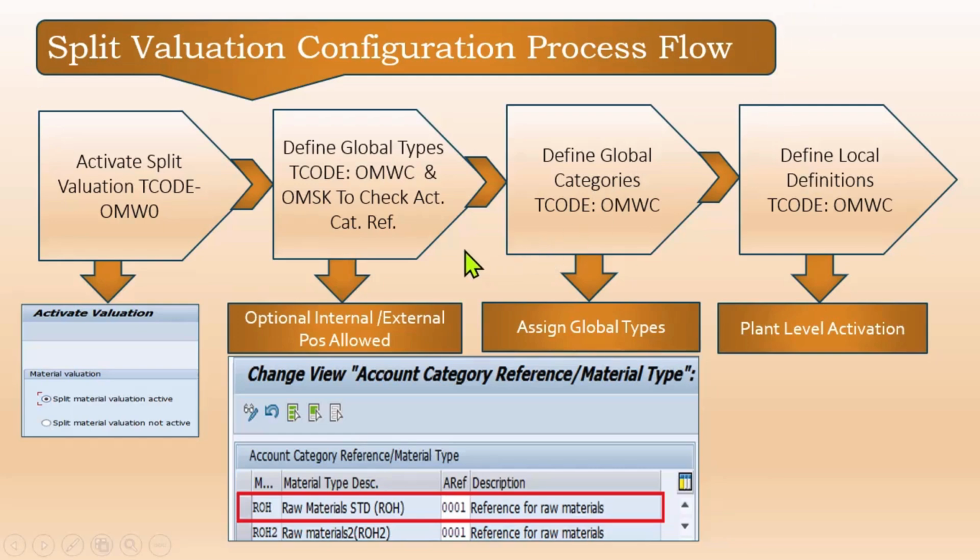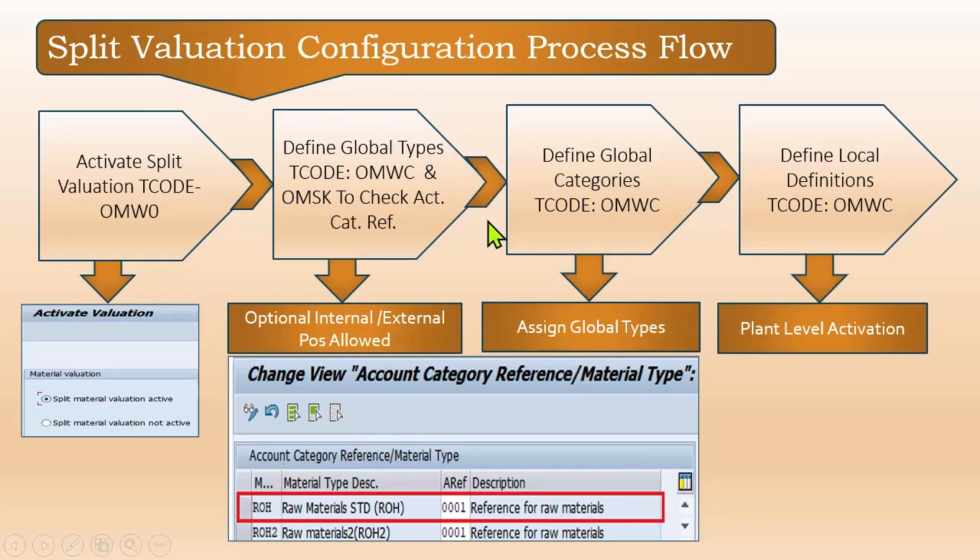Before we log into the system, create purchase order and thereon perform goods receipt, we'll take a quick review of what we have done. We have accomplished this task, that's split valuation configuration.